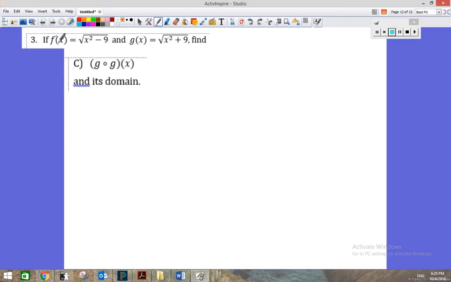Alright. Part C. g composed with itself. We're not even going to use f for this one. We like this notation, at least I think you'll find once you get used to it, it makes more sense. Because what are you plugging into the function?